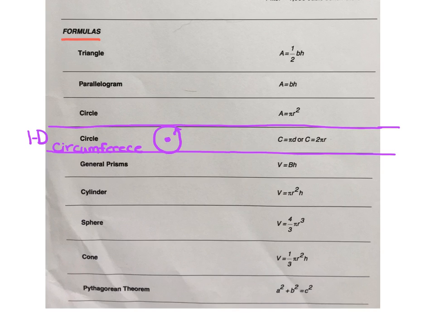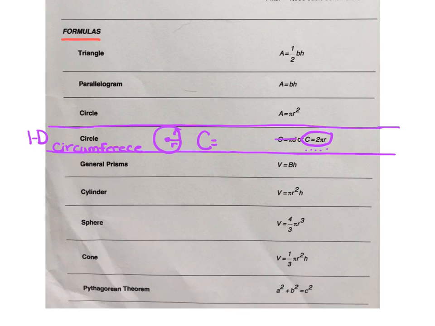Remember, when we use the formula, we tend to use the second formula for finding circumference. This is the one that we like to use, although there is another way to write it, but for now, we're going to not consider that formula. This formula is written circumference equals 2 times pi times r.